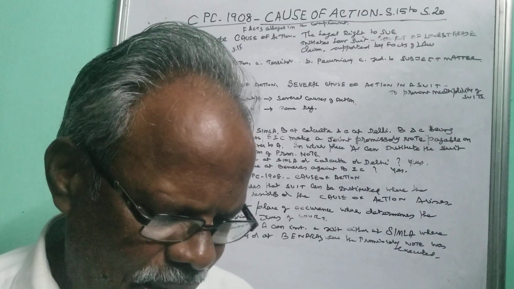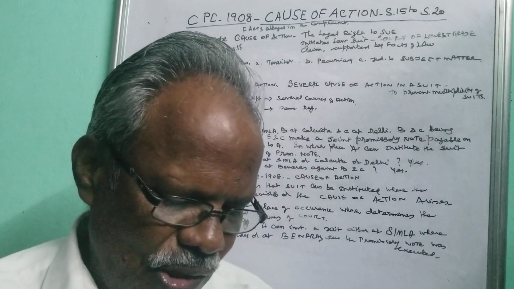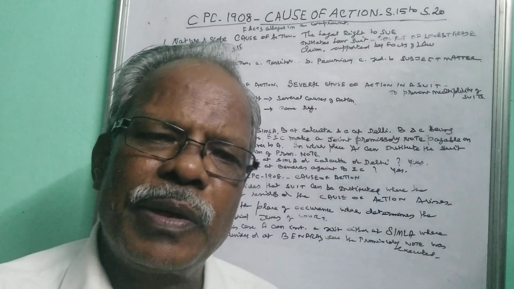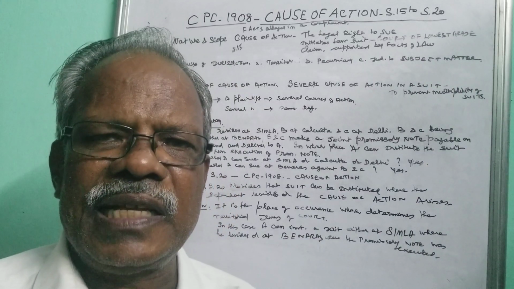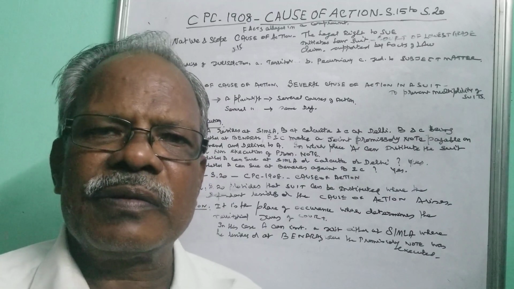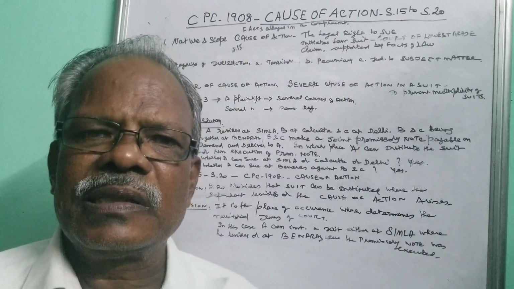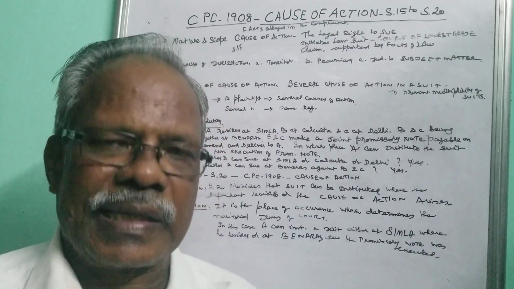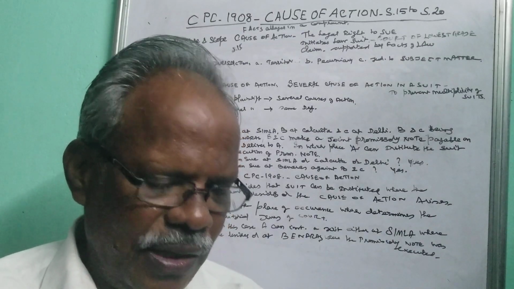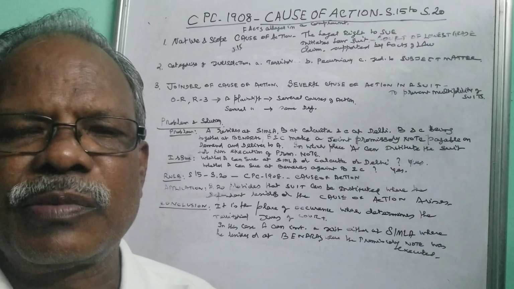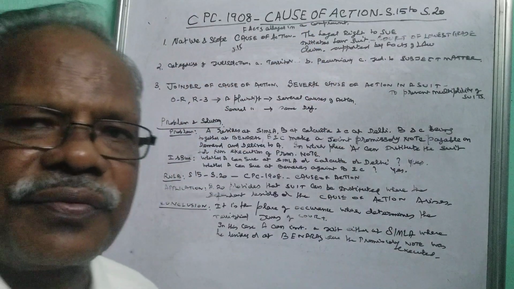This is with regard to movable property. The place opted by the plaintiff can be taken up for initiating the suit, so according to the plaintiff's choice, the place of court can be selected. And then section 20, it tells about the court of justice. So these are all with reference to the cause of action.